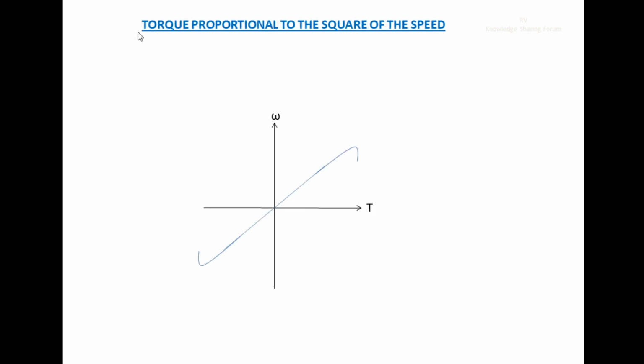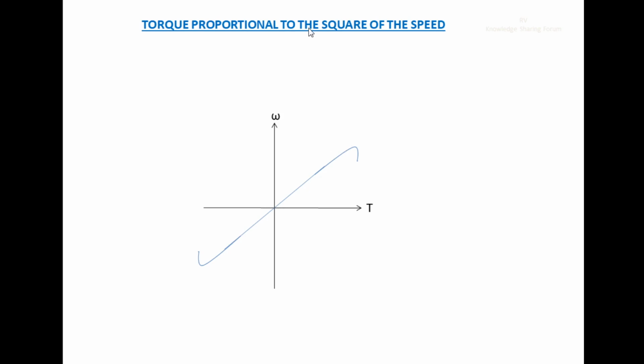And lastly, torque proportional to the square of the speed. That means as your torque increases, the speed increases as the square. See here, our torque is increasing in the horizontal axis, and in the vertical axis the speed is increasing as the square.